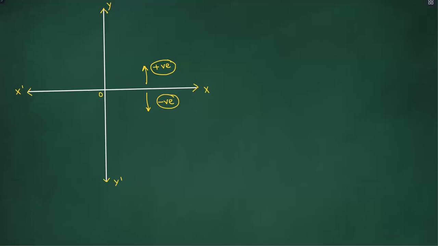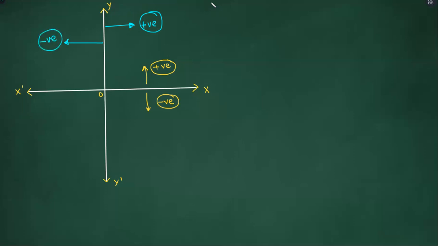Similarly, for the y-axis, similar thing holds. Anything to the right of the y-axis is going to be taken as positive. Anything to the left of the y-axis is going to be taken as negative.